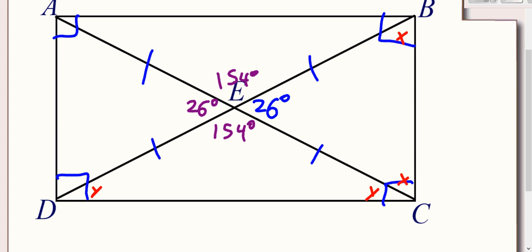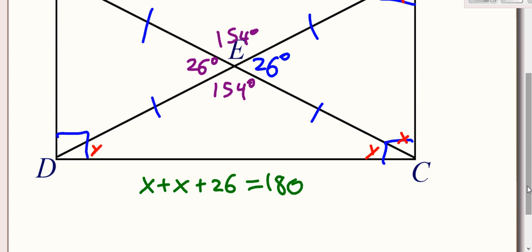So yet another thing we can apply about triangles from last unit, the three angles in a triangle will always add up to equal 180. So that means x plus x plus 26, those are the three angles of the triangle, and therefore they add to 180. If you write it out that way, you get a little algebra equation you can solve.